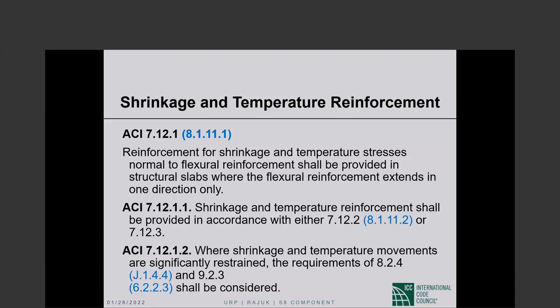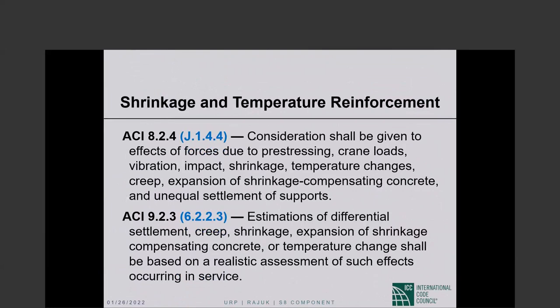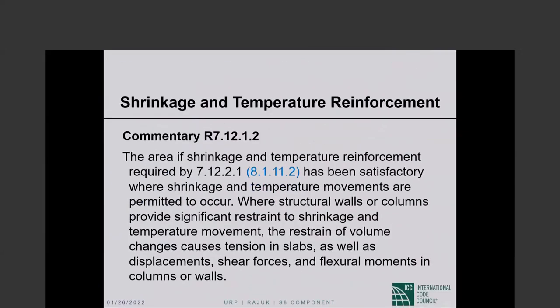If the shrinkage is restrained from taking place, then you have to consider the forces that will be caused by that restraint. And I said forces in a general sense. So consideration shall be given to effects of forces due to pre-stressing, crane loads, vibration, impact, shrinkage, etc. Estimation of differential settlement. Anyway. Yeah, this is what I was thinking.